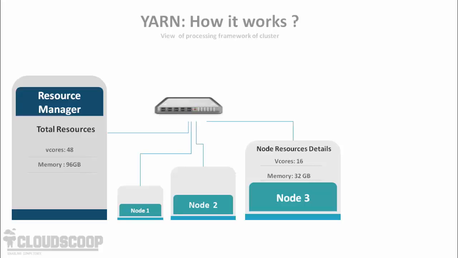They are calculated as the summation of all the nodes available in a cluster. Each node has 16 cores as well as 32 GB of memory. Therefore, the resource manager has 48 cores as well as 96 GB for allocation of jobs on a cluster.